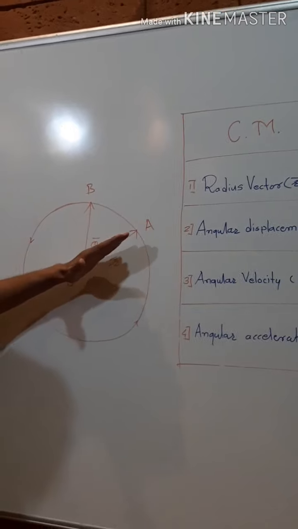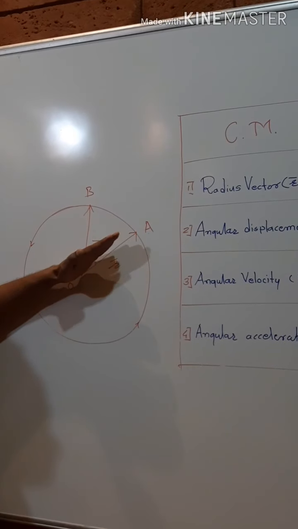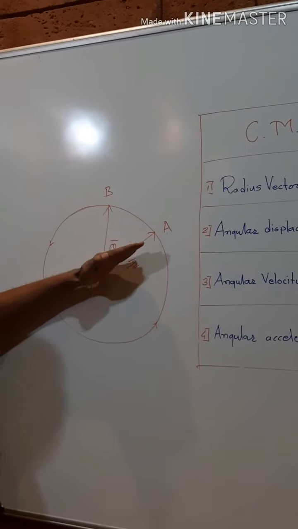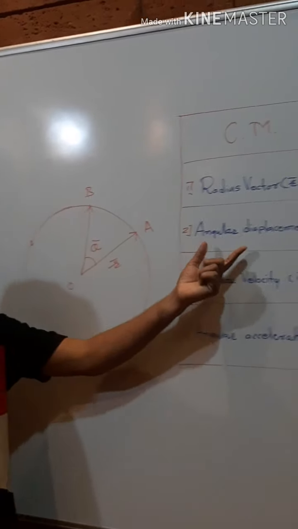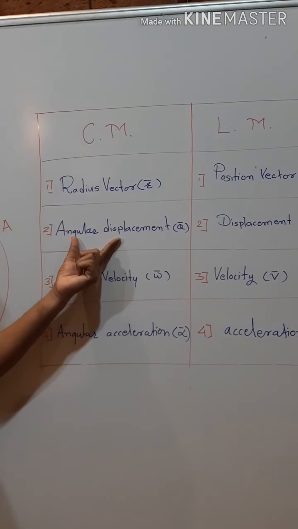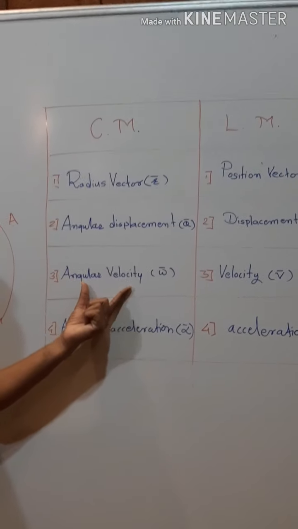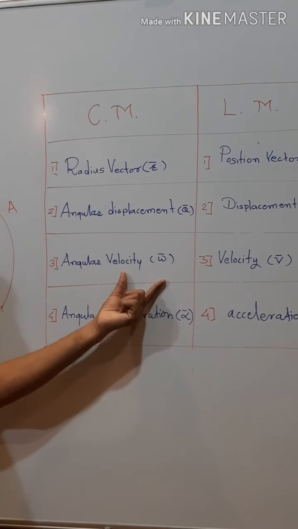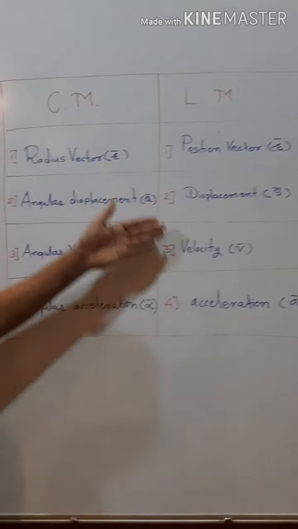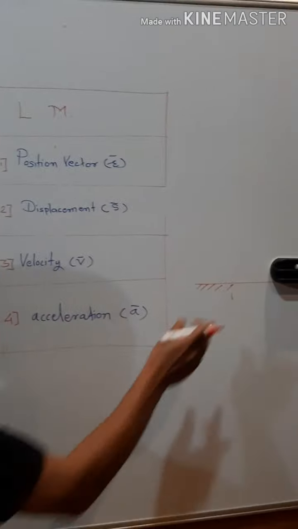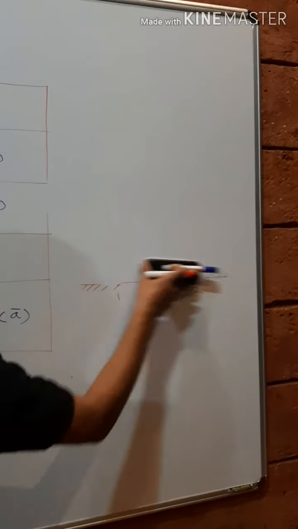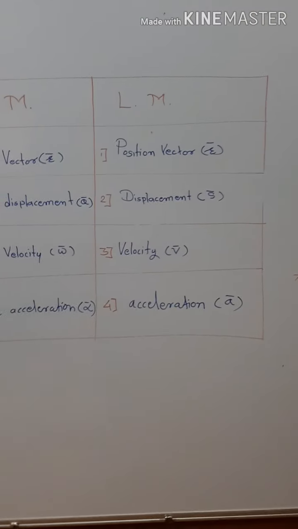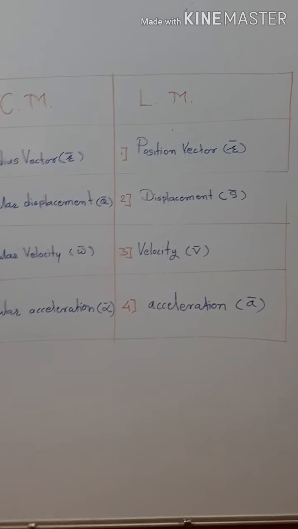Now another question is, how does the angular displacement change? Is it slow or fast? It is described by using the physical quantity angular velocity. Similarly, in linear motion, how the displacement changes, slow or fast, is described by using the quantity velocity.